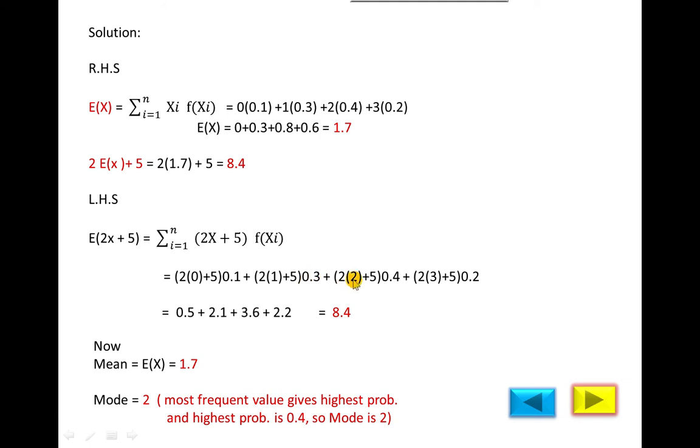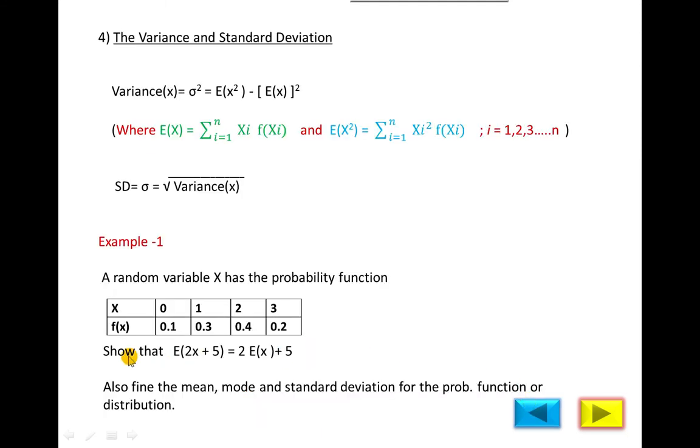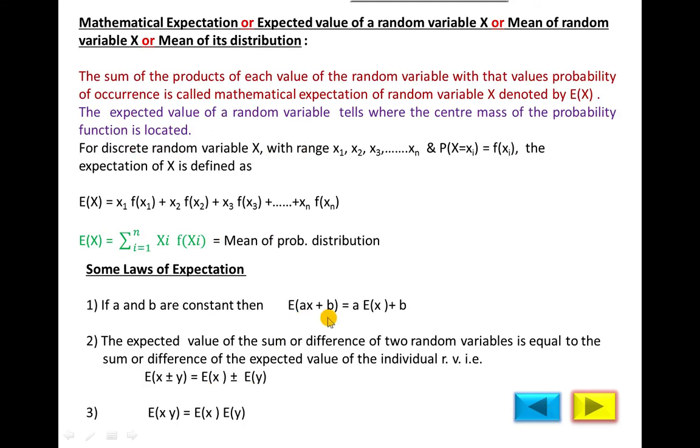Put here 2, multiply by probability. Then put here 3, multiply by probability. And simplify this term. 0 plus 5, 5 into 0.1 will be 0.5. This multiply by this, this multiply by this. You will obtain the same as this. So you have proved this: E(2x plus 5) is equal to 2E(x) plus 5, first law.